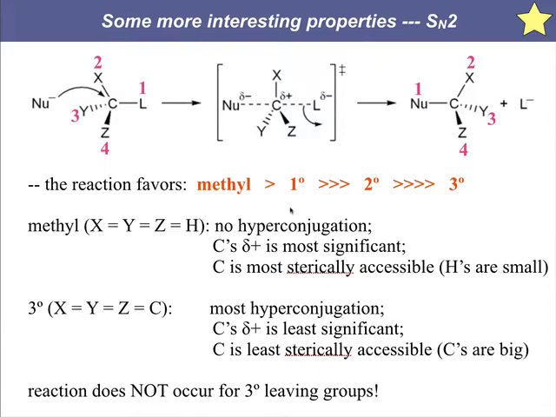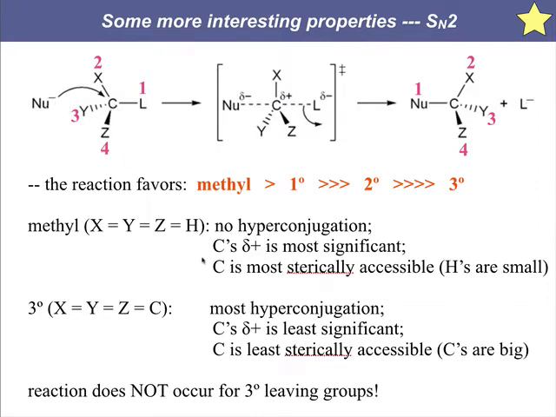So if this carbon is a methyl group, so X, Y, and Z are hydrogens, there's no hyperconjugation, because these are hydrogens, and that means that carbon's delta plus is most significant. There's no electron orbital overlap that can cover up this partially positive charge. And remember that we need that partially positive charge in order for the nucleophile to be attracted to this carbon.